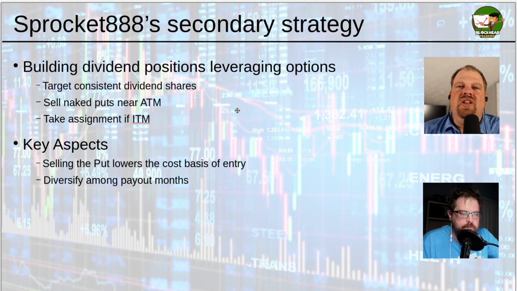And one of the other things that I'm throwing into that is I'm looking at what date those stocks pay out their dividend, and I'm trying to space them out such that I can start building a dividend income every single month by looking at, oh, this one always does the first month of every quarter. Oh, this one always does the second month of the quarter, and so on and so forth.